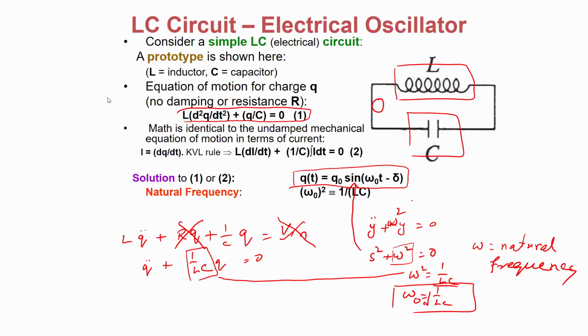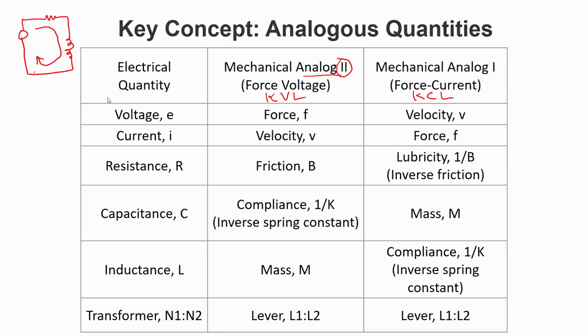So if you talk about the voltage equation, Vn is equal to Vr plus Vc. With this particular KVL analogy of the mechanical system, you will say F external force is equal to Fm plus Fb.